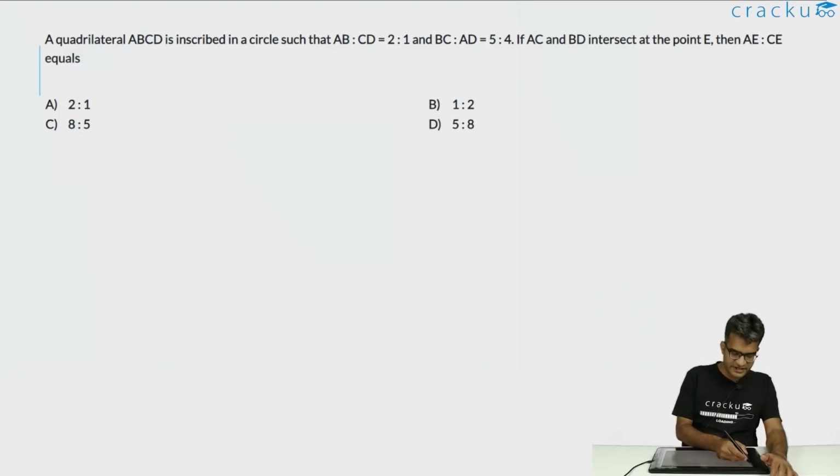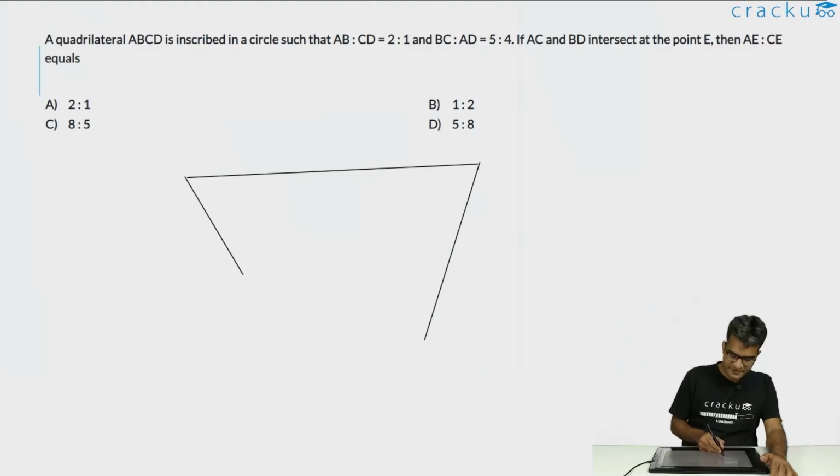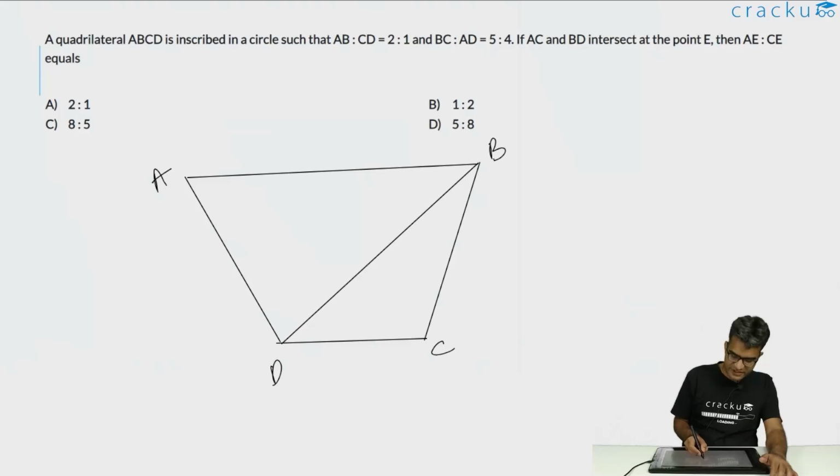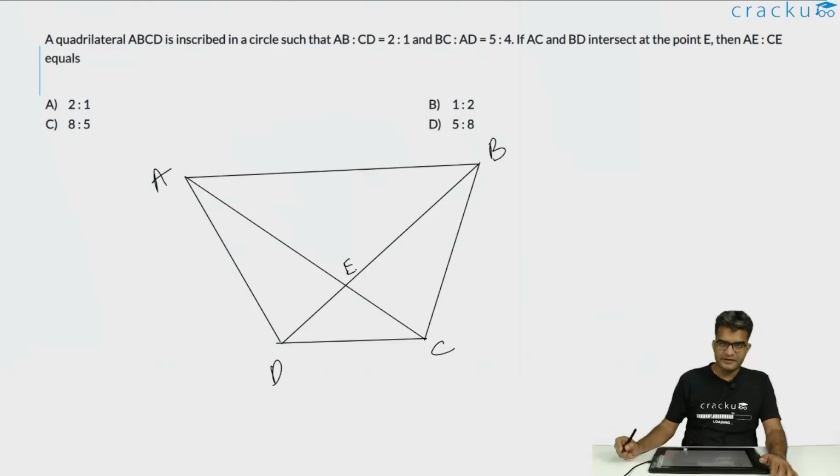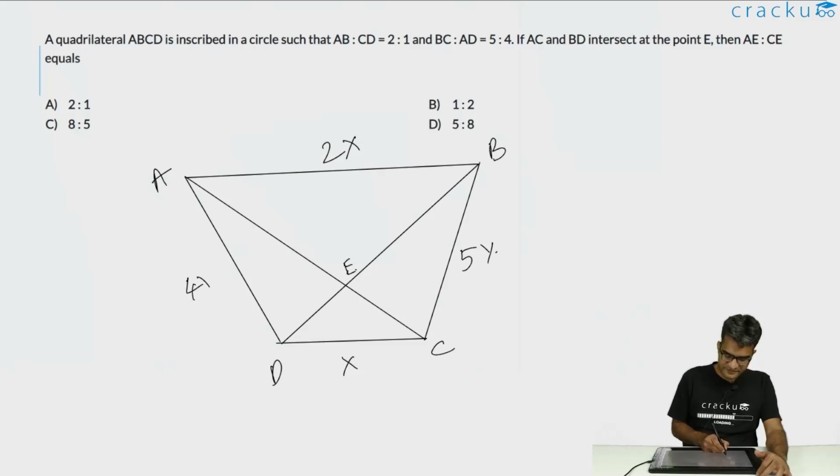Just to reiterate, if you draw a quadrilateral like this, ABCD, which is a cyclical quadrilateral. This is A, B, C and D. We have the diagonals which intersect at a point E. This is E. First, because you know that this is 2x, this is x, this is 5y, this is 4y.